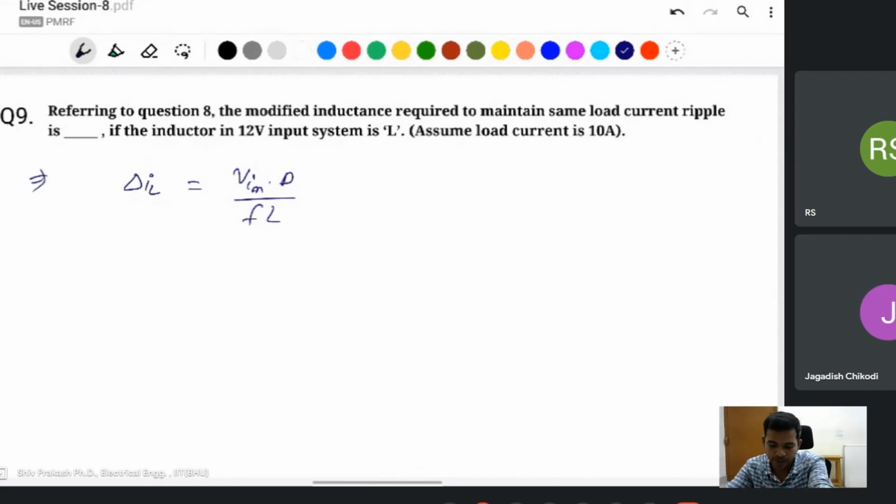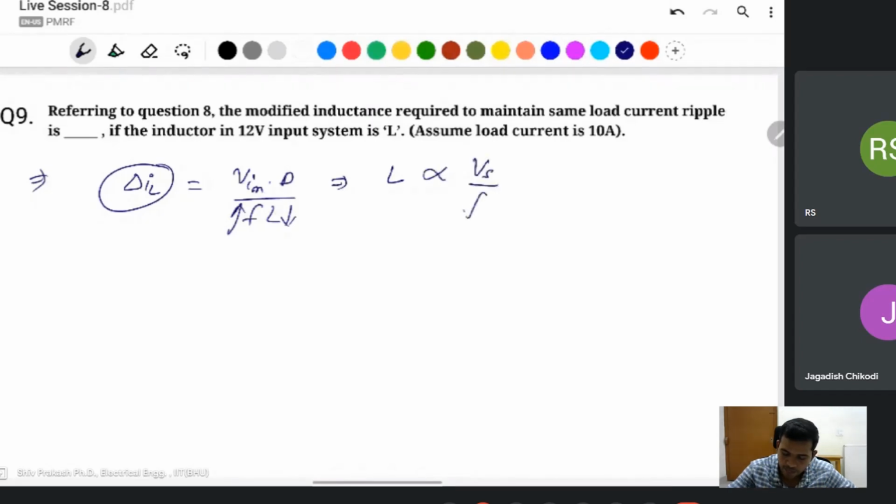If frequency increases, Vs is constant, then delta IL is constant. It means you can retain the inductance in terms of frequency. Inductance is proportional to Vs into F. Here the voltage increases from 12 volt to 24 volt, and frequency increases from 50 kilohertz to 100 kilohertz.